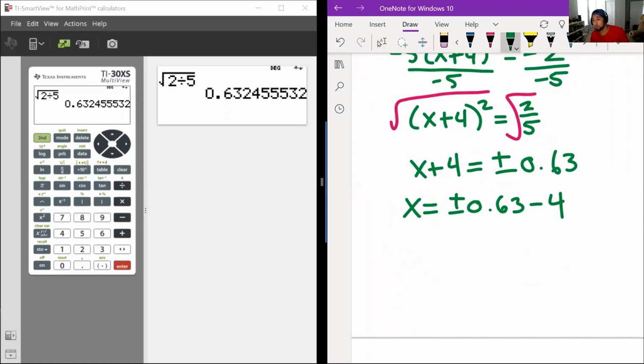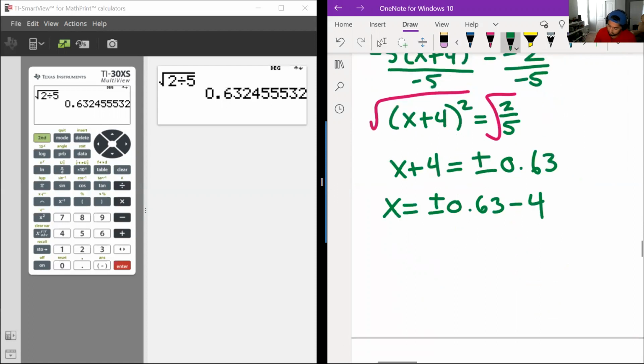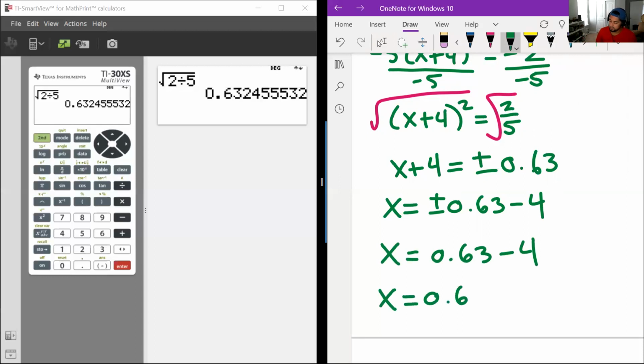Do the plus route, do the minus route. x equals 0.63 minus 4. And x equals negative 0.63 minus 4, sorry.